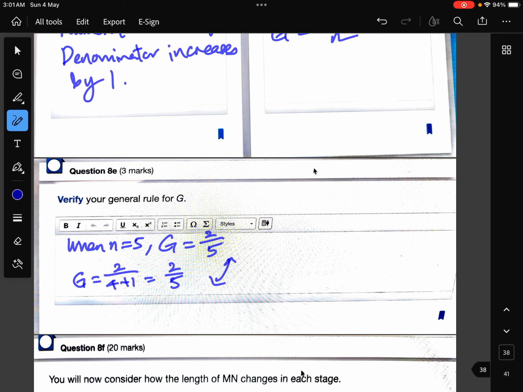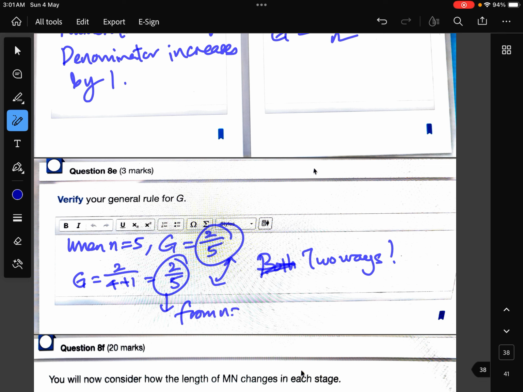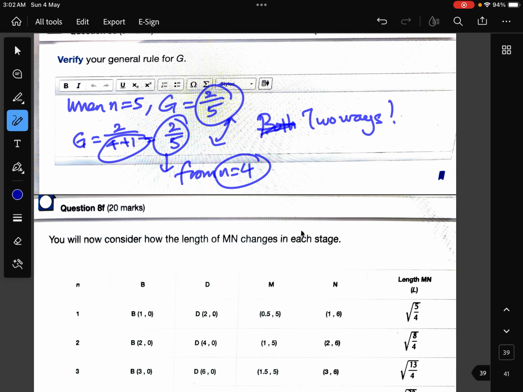So basically you need to find both ways that give you these two answers here, and this answer came from n equal to 4, but you need to add 1 to 4 in order to get to n equal to 5 based on the pattern that you mentioned. So you have to write this when you verify your general rule. You could use the table to help you with the verification process as well.